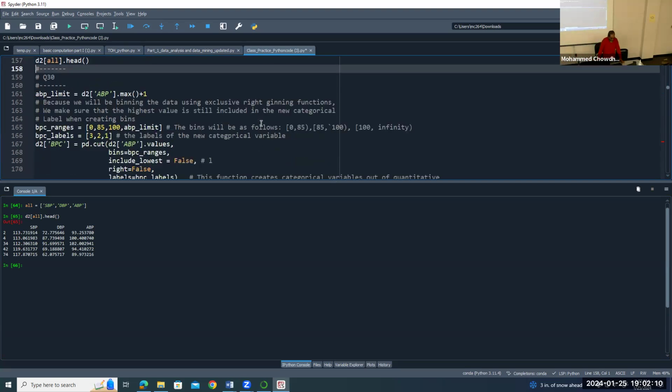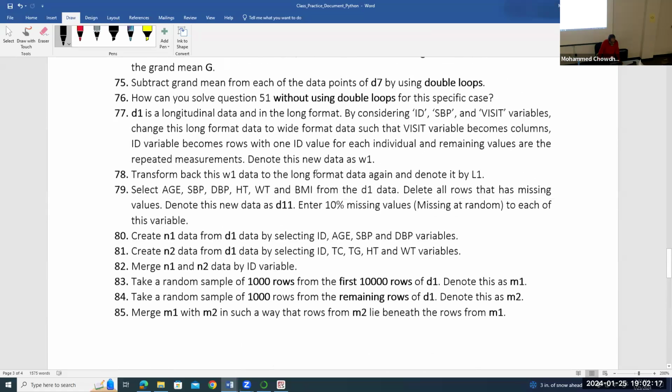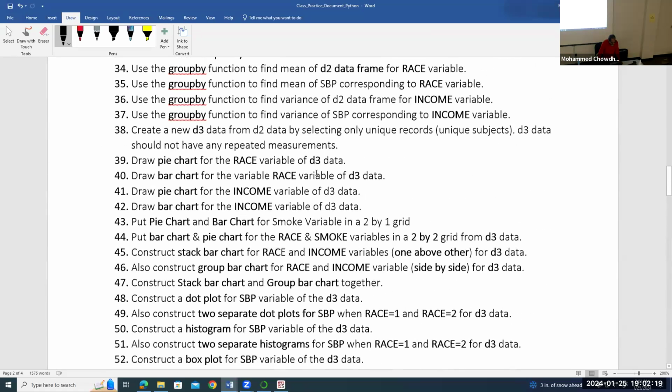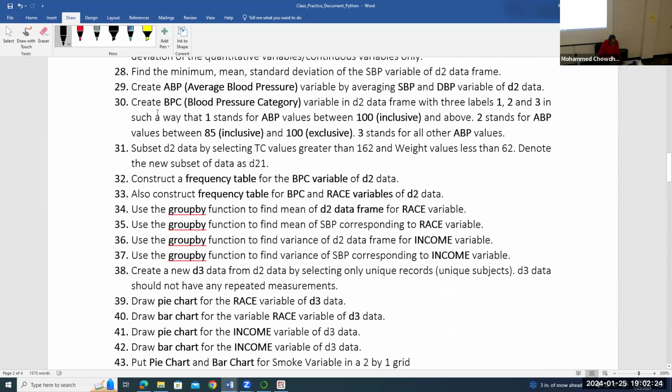Okay, so we will spend a few minutes. I just took the three variables and want to see all three together. This is the SBP, this is the DBP, and this is the average of these. This is the way we can get it. Now I want to tell you about the next problem, question number 30. I have ABP, a continuous variable, because ABP is the average of SBP and DBP. From there I want to create a blood pressure category variable.